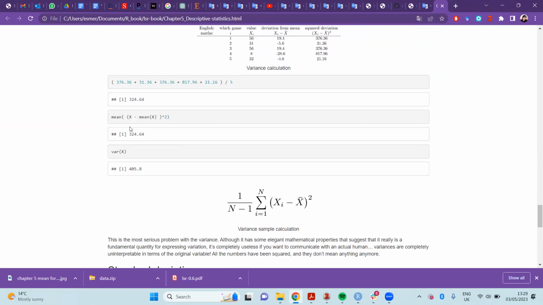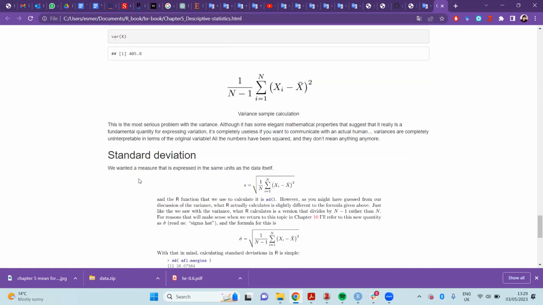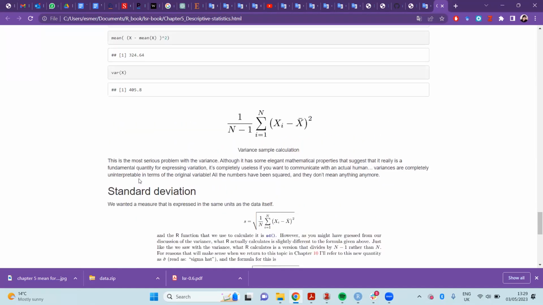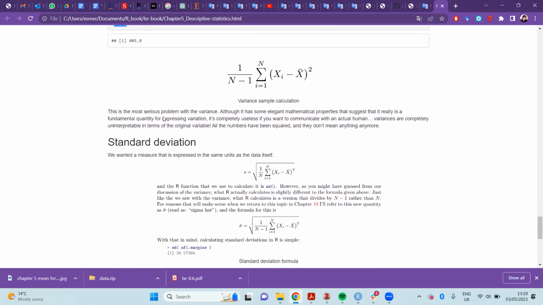This is the reason why we don't obtain the same results with our own formula and the R base function. So we could say that R is correct.